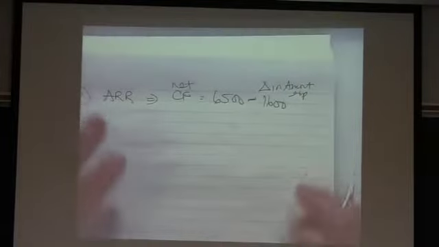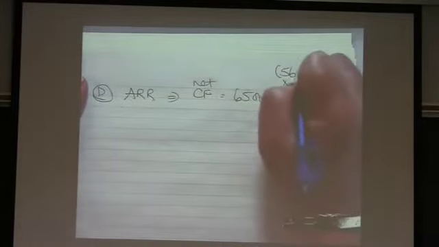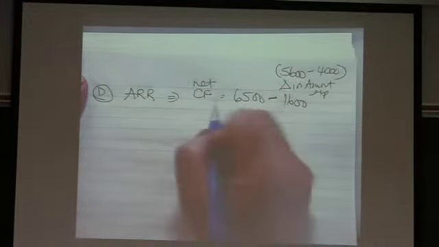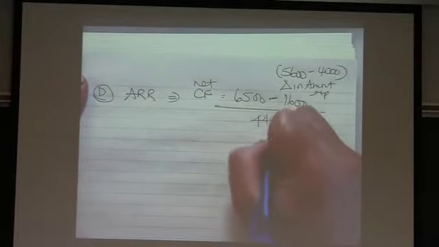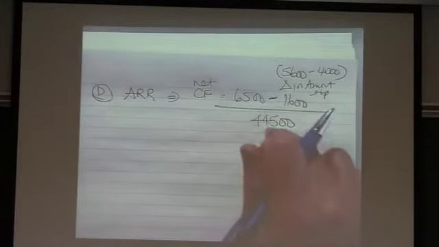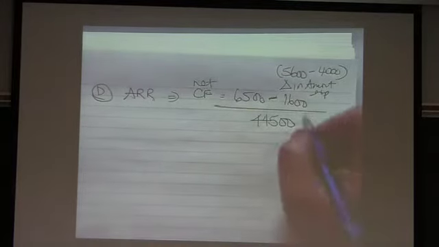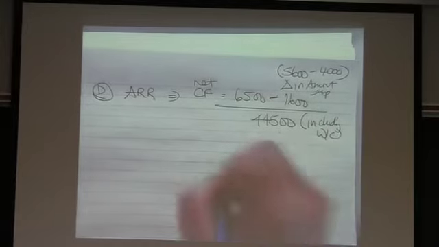Let me just write that down up here. It's 5,600 less 4,000. That divided by the investment, 44,500. Again, I would have actually taken the 44,500 excluding the working capital release. So this is including working capital.